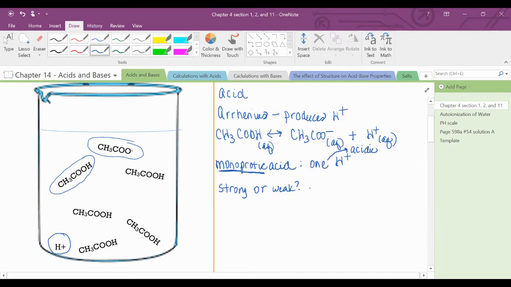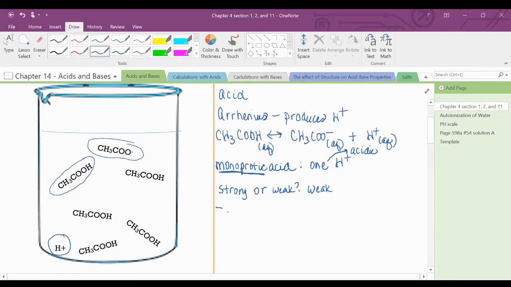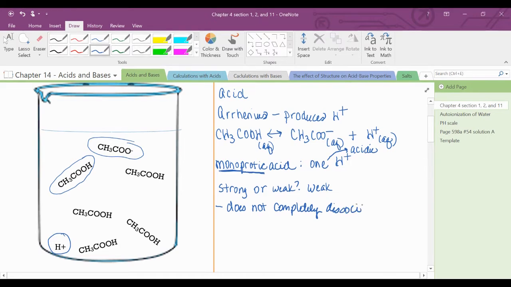And in this case, this is a weak acid. And the definition of a weak acid is that it does not just completely dissociate. And I can see that from my particle drawing.